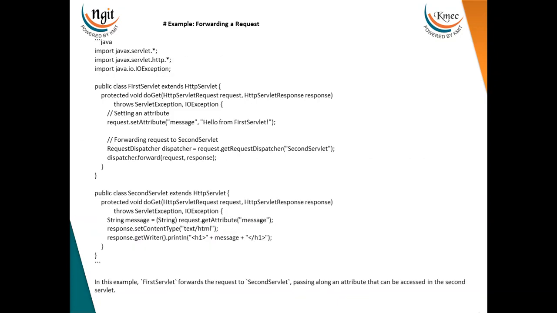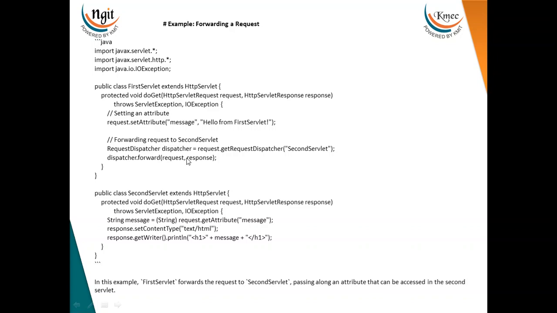Here is how we are going to forward a request. The first servlet extends HttpServlet, we are writing the doGet method, and it throws ServletException and IOException. We are setting an attribute and forwarding this to the second servlet.